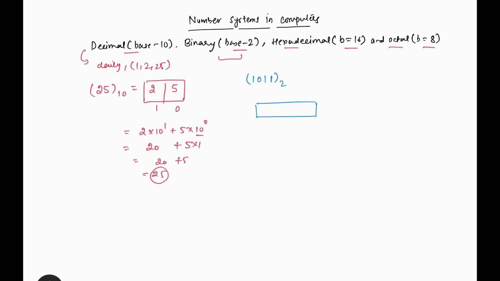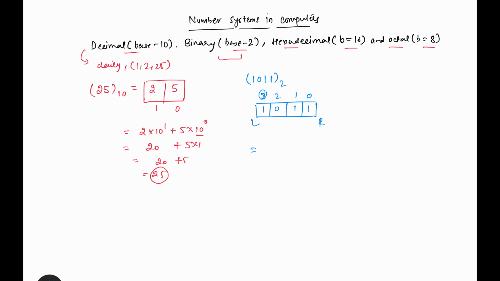Now if I have to convert this binary number into a decimal number, let's give it positions. You'll always start from the right. So this is your right, this is your left. It will come as 0 1 2 3. We know that the base is 2.